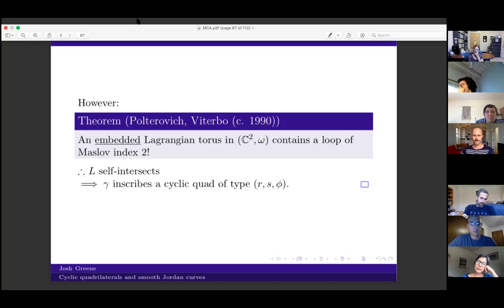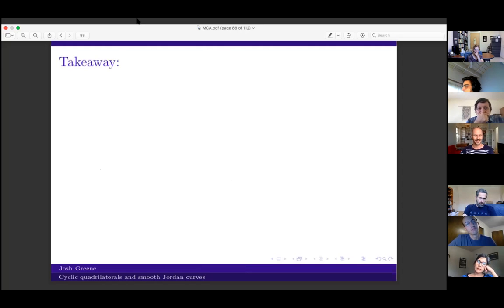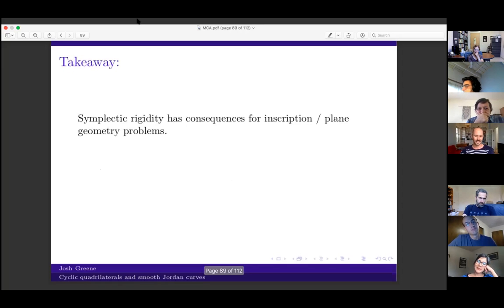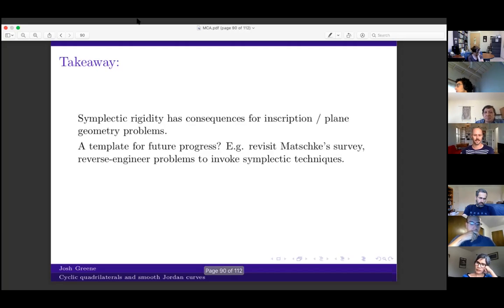So now just in the last 30 seconds, I'll just say the moral is that symplectic rigidity can have unexpected consequences for inscription and plane geometry problems. And thinking in those terms, it's maybe a template for further progress.